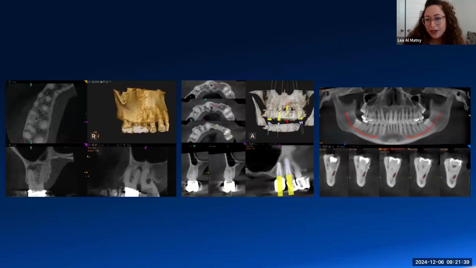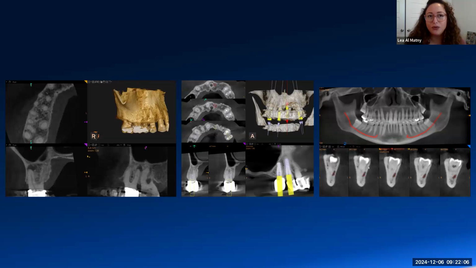What I would like to challenge you with today is to start thinking of it as a diagnostic tool and not just selectively use it in different scenarios, and consider implementing it in your practice as a diagnostic imaging modality.